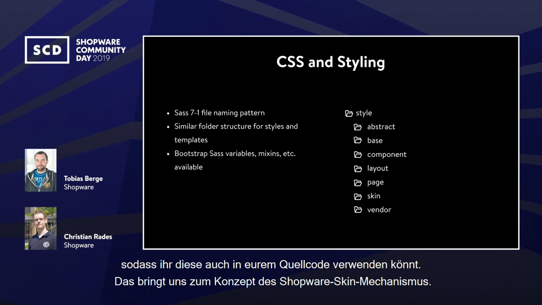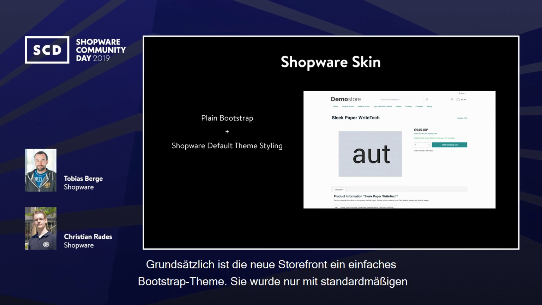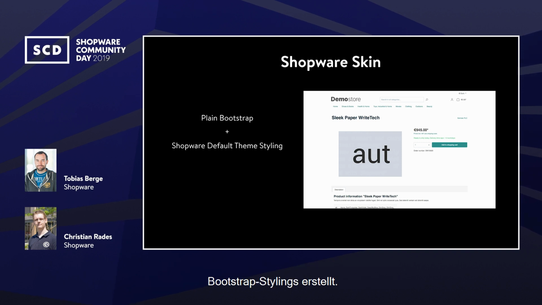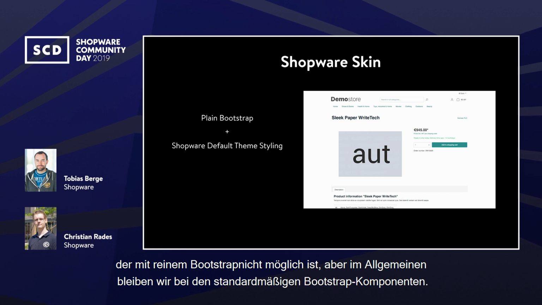And this brings us to the concept of the Shopware skin mechanism. In general, the new Storefront is a plain Bootstrap theme. So it is just developed with standard Bootstrap stylings. There are some special things, like for example the off-canvas cart, which cannot be handled by plain Bootstrap. But in general, we stick to the default Bootstrap components.